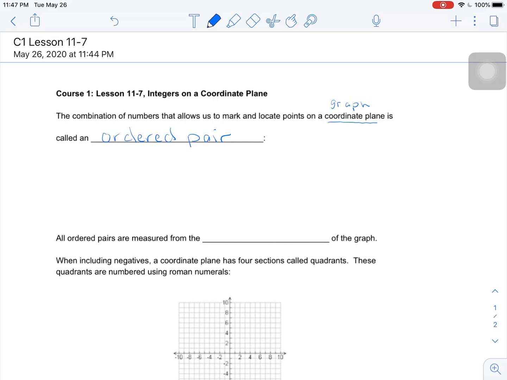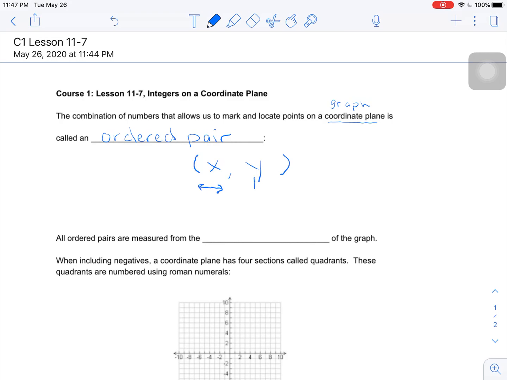Just to remind you, you've got some space down here where you're going to write down what I'm writing down. Each of these always has two numbers. The first one is X, the second one is Y. X controls movement side to side because that's the direction the x-axis runs.